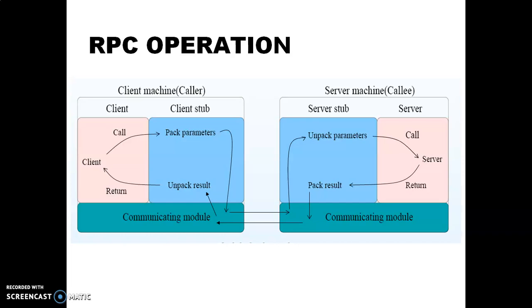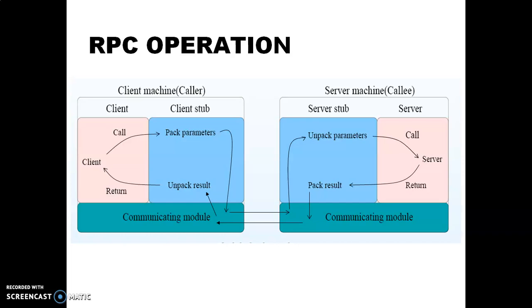The server stub unpacks the parameters and the called procedure is provided to the server. The server executes that particular procedure and returns the results.